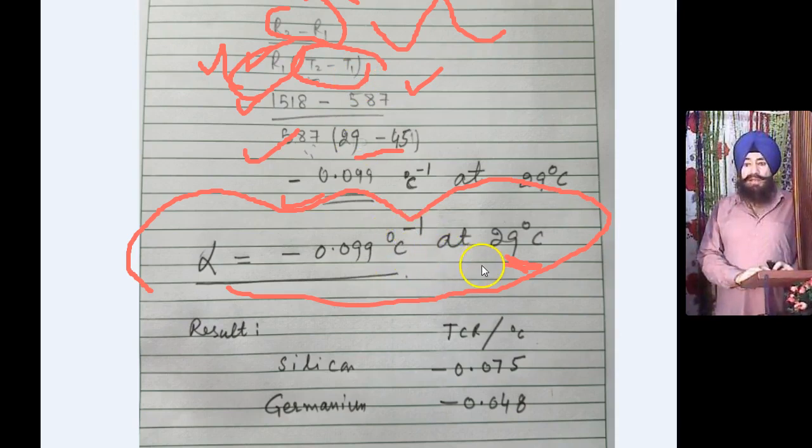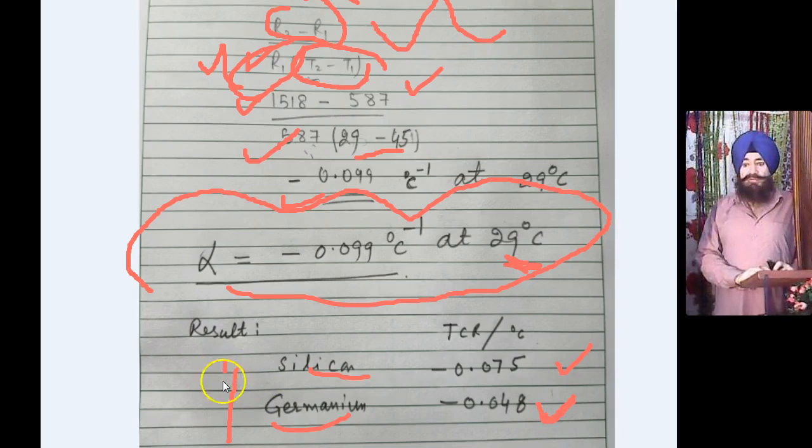And at what temperature? We have the two temperatures 29 and 45. So this will be alpha at the lower temperature, 29 degrees Celsius. The value is this much. Now if you see the table, for silicon the alpha is of this value, and for germanium alpha is of this value.